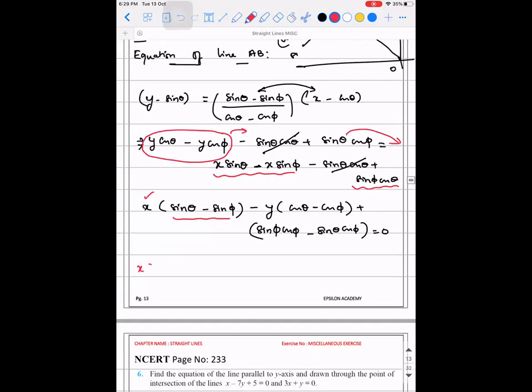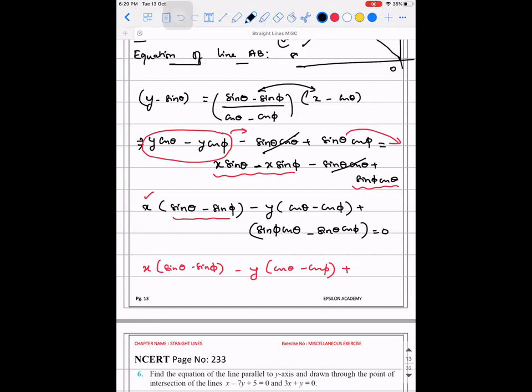Okay. So it will be x into sin theta minus sin phi minus y into cos theta minus cos phi plus sin phi cos theta minus sin theta cos phi. What is that?